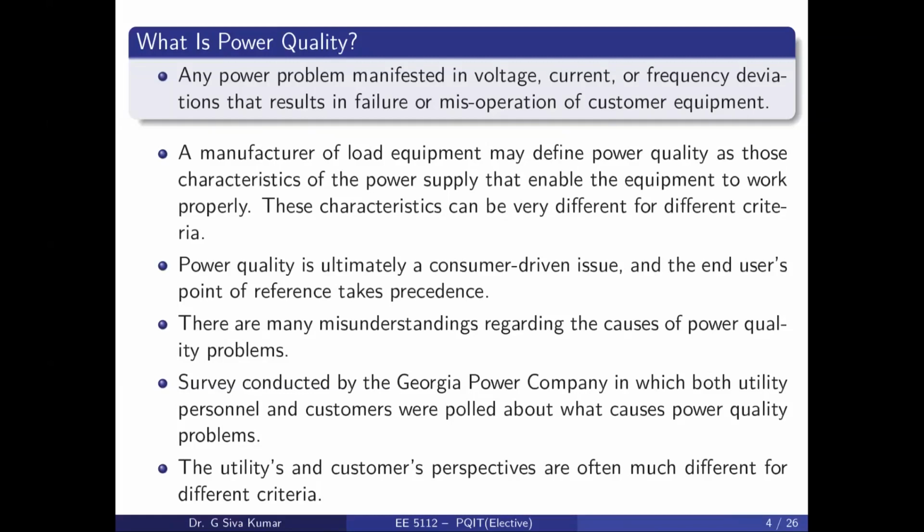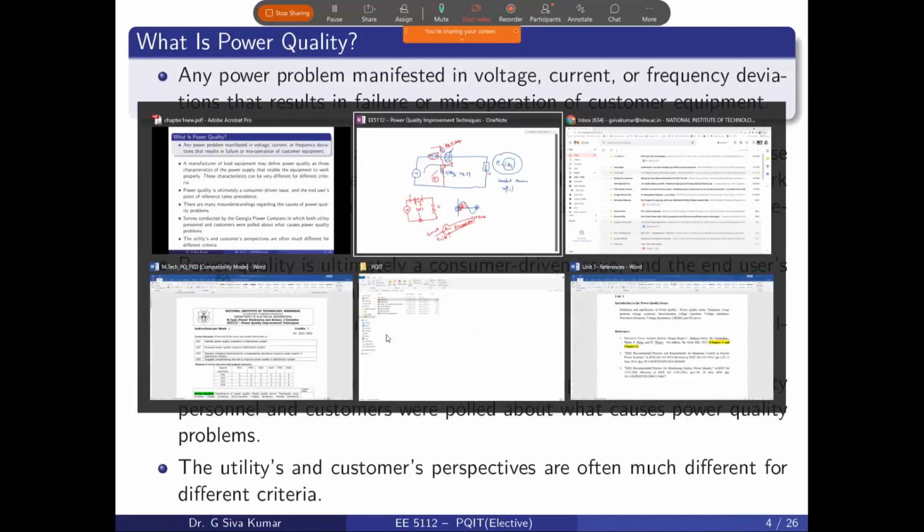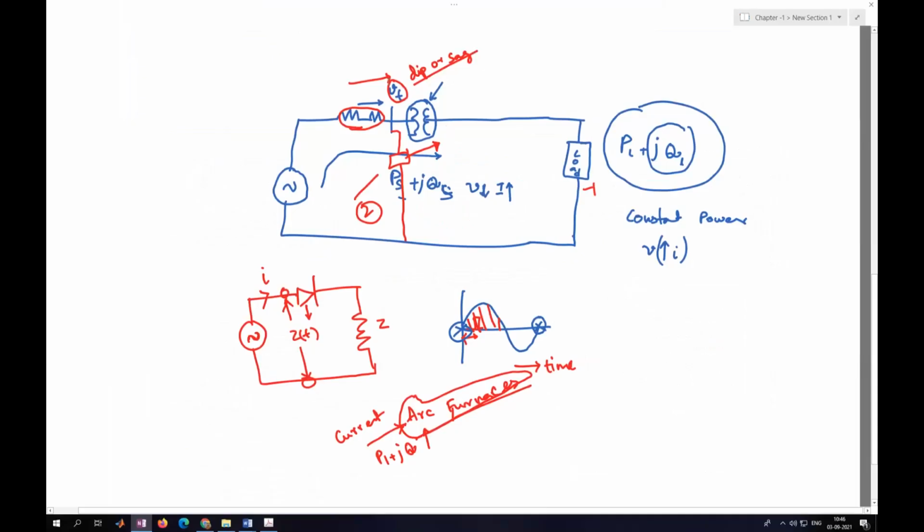One thing I was just mentioning here: when you talk about the dip or the sag, it is going to occur at this particular terminal. This dip or sag is experienced because of this particular load. What will load 2 think about it? Load 2 will think it is a problem because of the distribution transformer, but it is not.